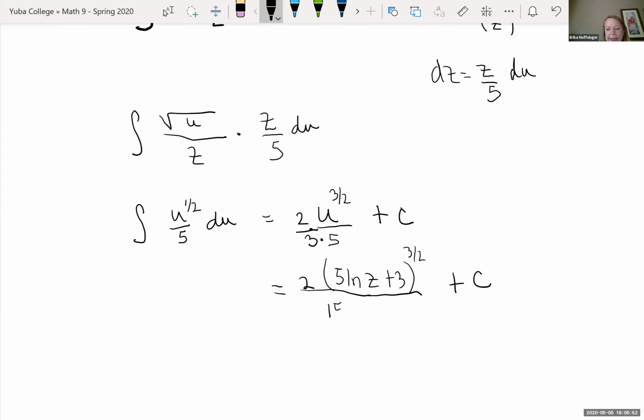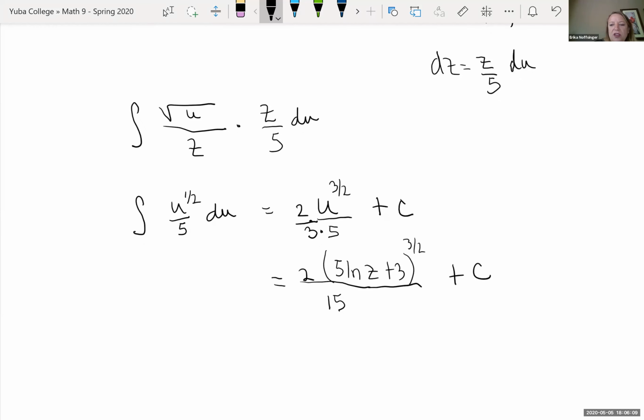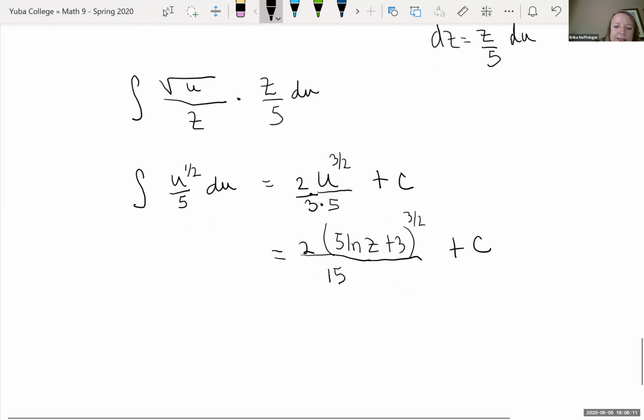I cannot cancel that 5 natural log of z or that plus 3. Cannot simplify with this 15. First of all, we're inside some parentheses raised to a power, but also we have summations of terms. Let's just rewrite this as a radical though.